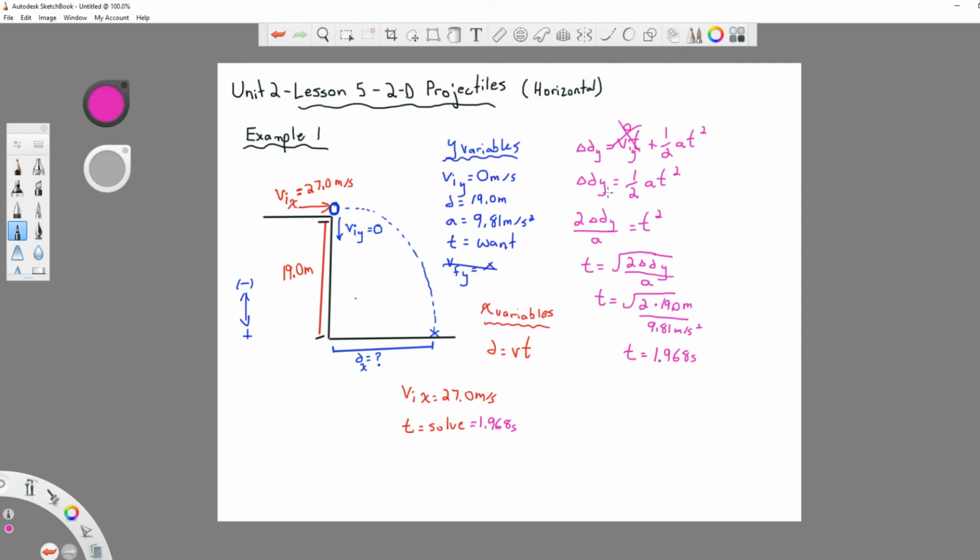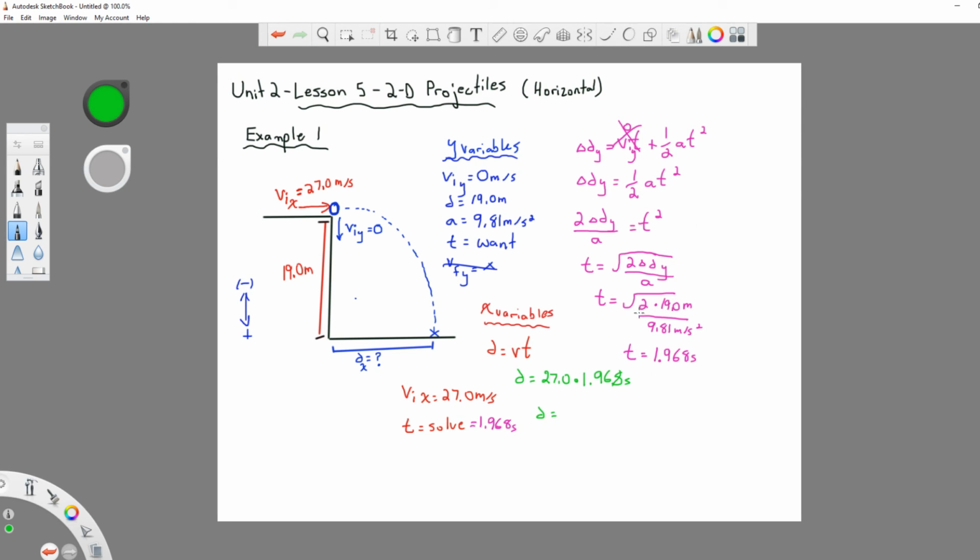Okay, let's move on. So part 2, now that we've solved our time value, we can plug it into this x variable to see how far this thing moves in the x before it's colliding down to its demise. So d is already equal to vt, and so we can plug in values. 27.0 times 1.968 seconds.